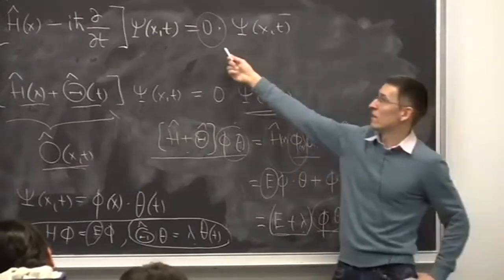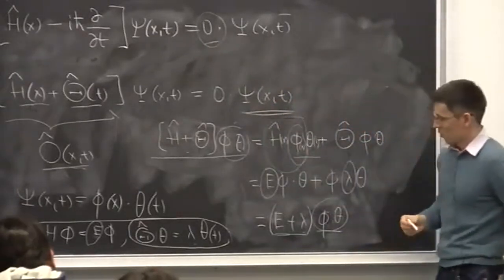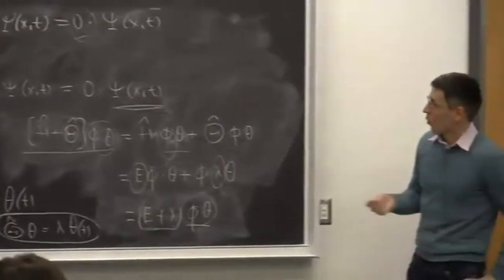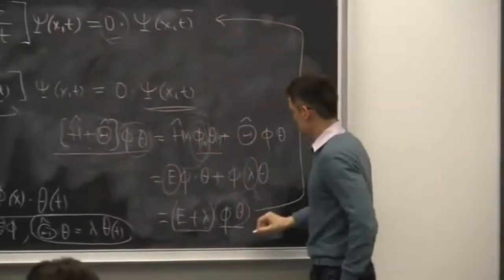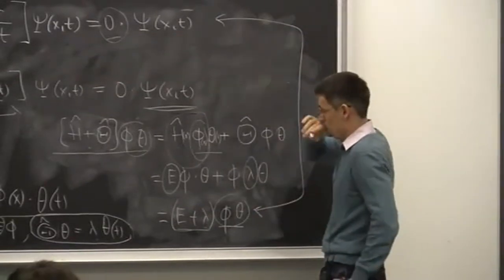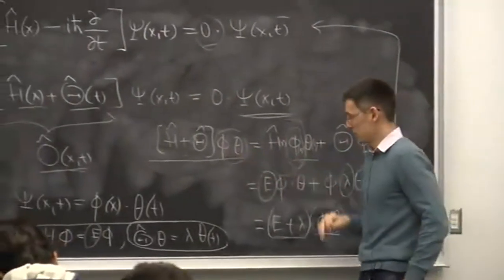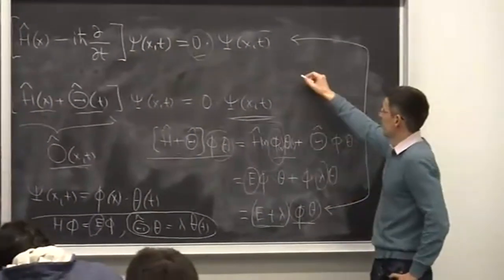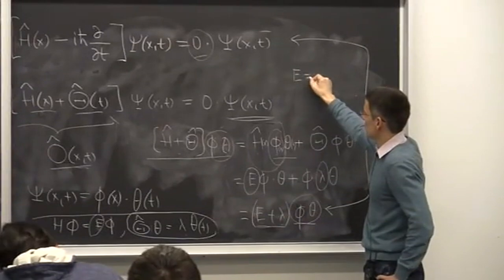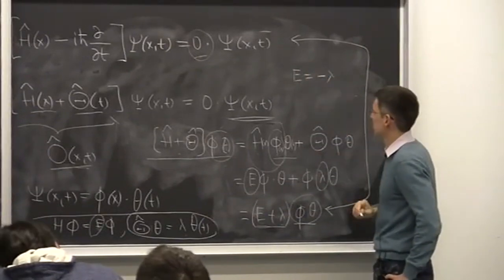Well, we needed 0. What does that mean? Well, that means, to have a consistency between this and that, we still can use product, but there should be a relation between e and lambda. And the relation is very simple. E should be equal to minus lambda, right?